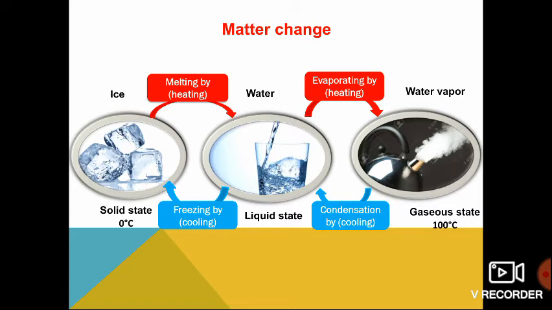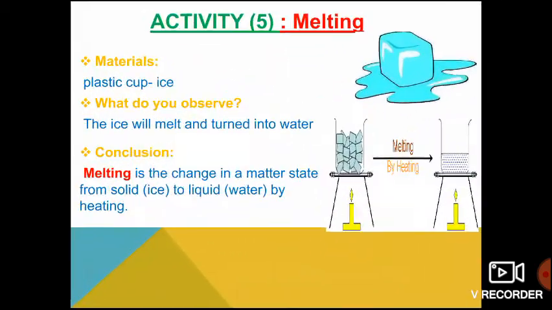It will form water droplets on its surface, and we can collect these drops of water. This is condensation by cooling. And we convert from water to ice when we put our water in the freezer. It will be converted by freezing.